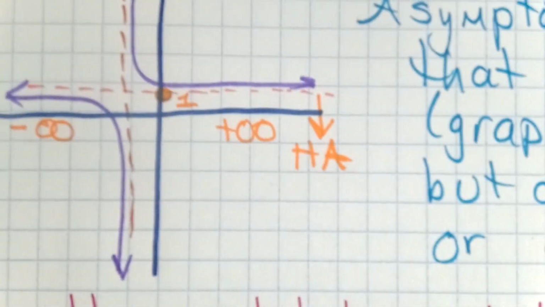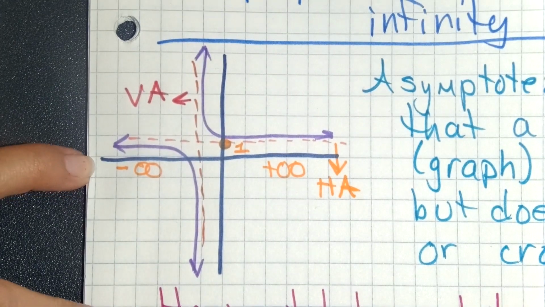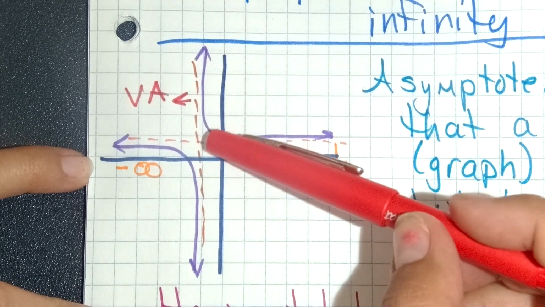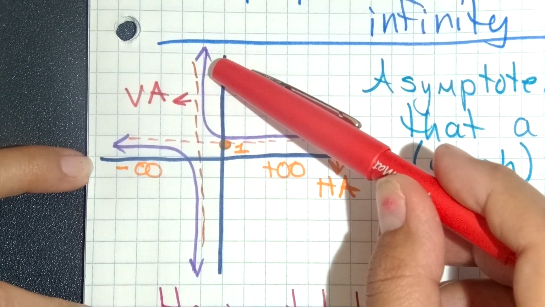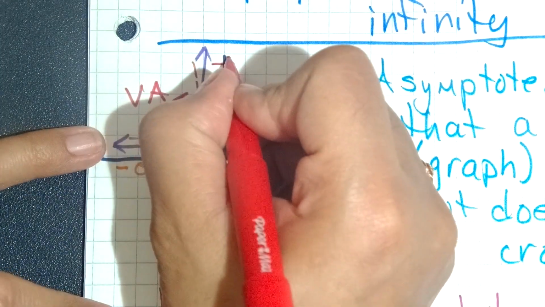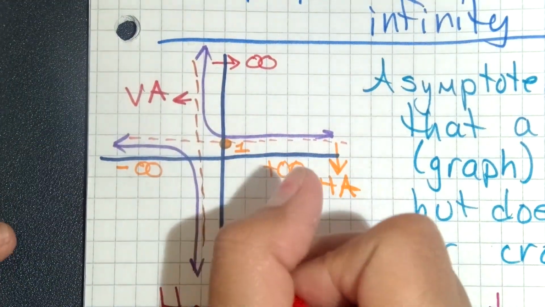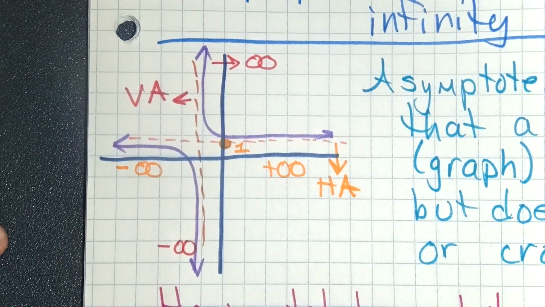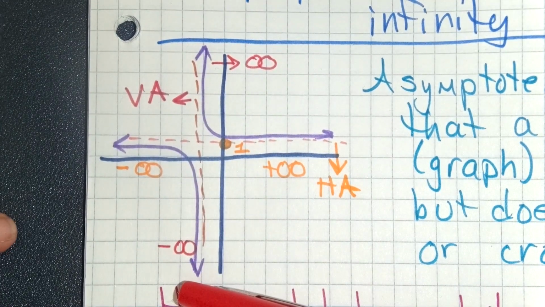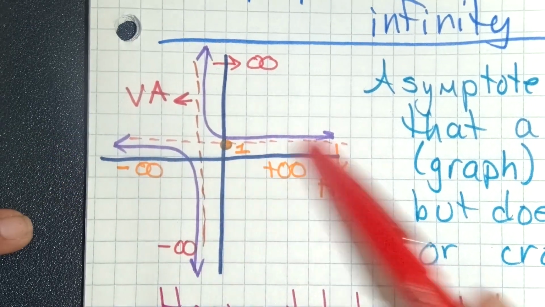The only thing left is the vertical asymptote. That is this line right here. This is your vertical asymptote. As you can see, hopefully, this function will never approach a y value. It will never, ever get close to a y value. That is why this is going to go to positive infinity up here because it's increasing infinitely in the positive direction. And this one will go to negative infinity because it's decreasing in the negative infinity direction, infinitely. Okay, so the up-down is a vertical asymptote and left-right is a horizontal asymptote.